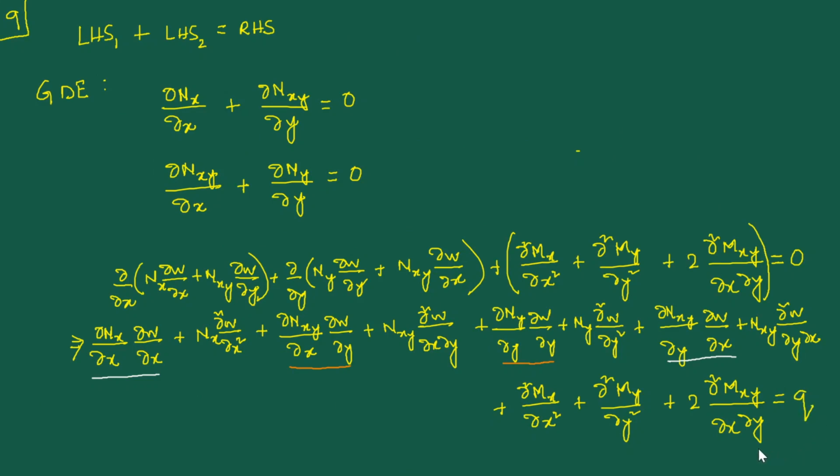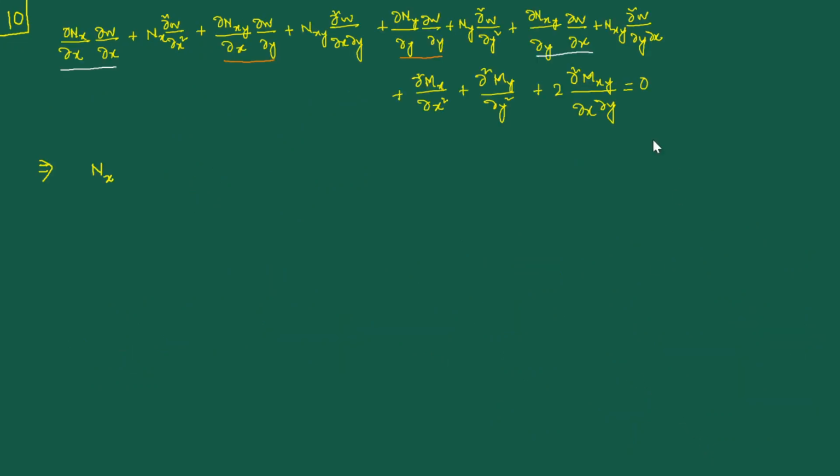So these are the terms which are the coefficients of delta W. This Q also is that from the RHS. So that's it, a major correction here. Similarly here there should be a Q. All right, now I have this nx del square W del x square.